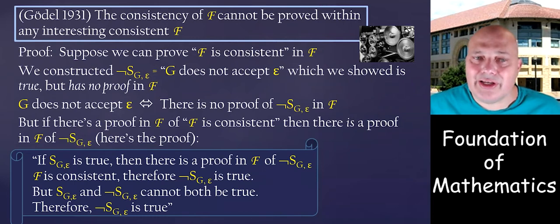So if G halts on ε, it means that there is a proof of not S_{G,ε}. And now F is consistent, and therefore not S_{G,ε} is true, right? Because if there is a proof of not S_{G,ε}, then not S_{G,ε} is true.